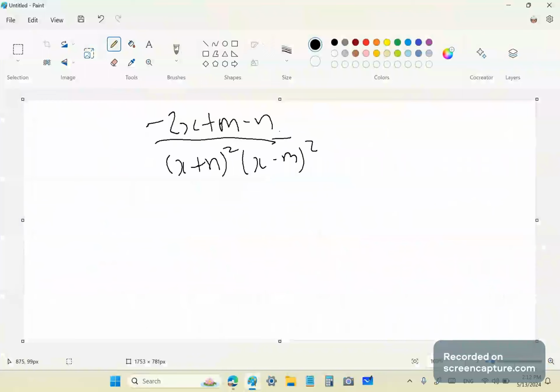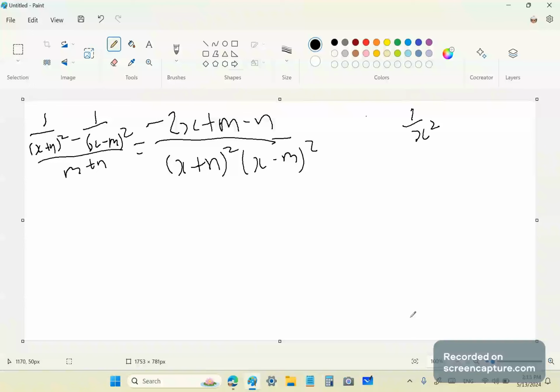And that's what he got when he simplified 1 over x plus n squared minus 1 over x minus m squared over m plus n. This was for the function 1 over x squared, okay? That's the function. He was trying to find the derivative for this, which he did find.